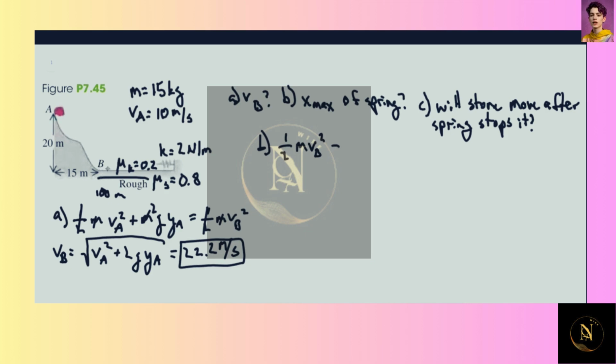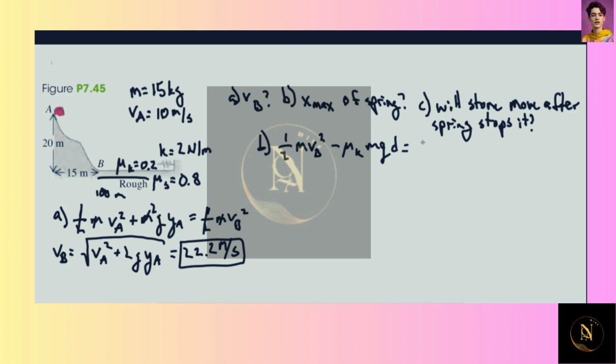Friction is going to do work equal to the kinetic coefficient of friction times the normal force times the distance across here, which let's call d. The normal force is just the weight because this is horizontal. Okay, m g d.